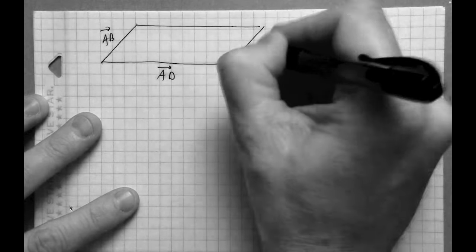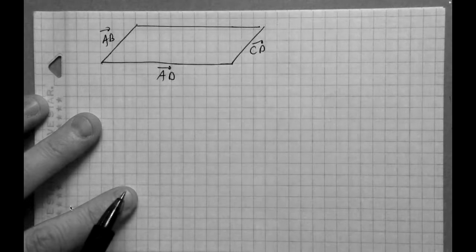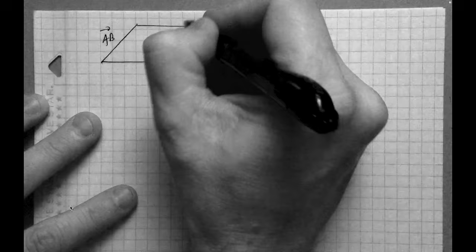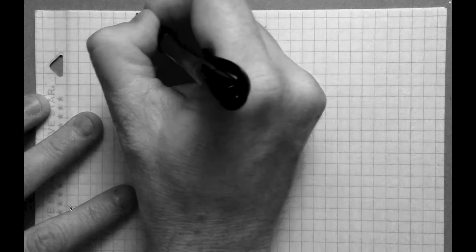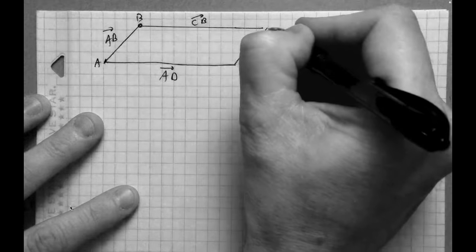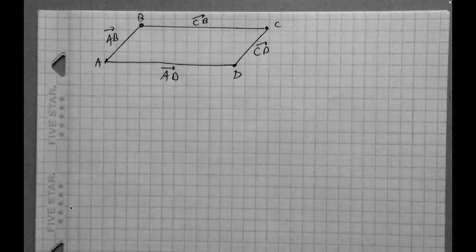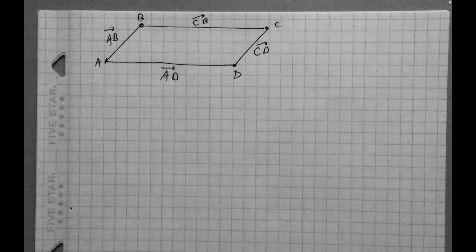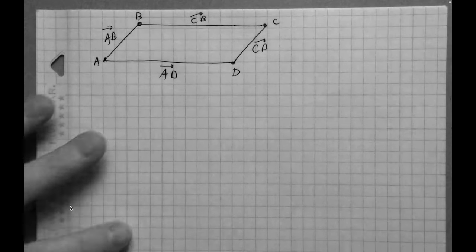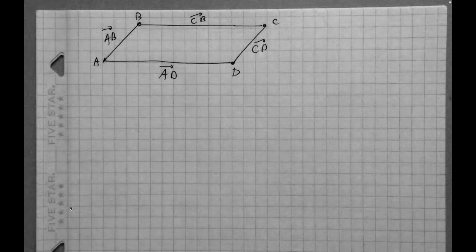And this one would be CD over here, which you can get to pretty quickly, and this one would be CB. So that means this is B, this is A, this is C, and that's D. You can get to this picture pretty quickly by doing a little bit of reasoning. Okay, now what's the area of this?